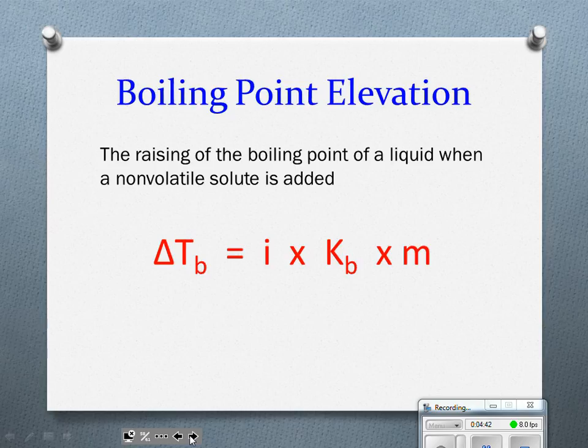So delta T sub b is equal to i times K sub b times m.